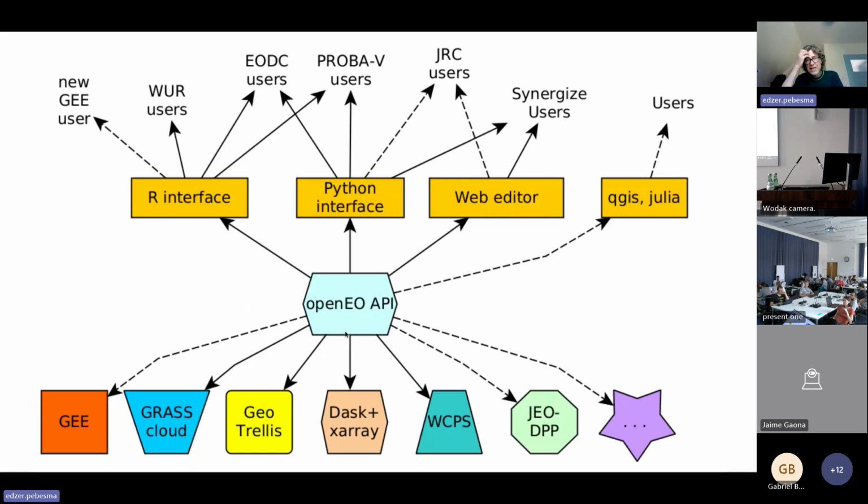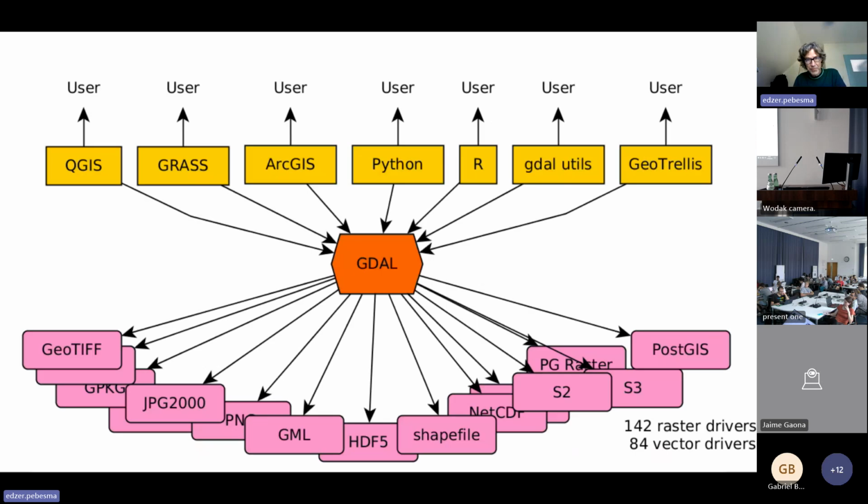And so that is when the idea of an API, an openEO API, came up in 2016. And if you have that, you can basically access all these backends in the same way. You only have to write client interfaces once for every programming environment, be it R, Python, or web-based environments, or Julia, Quantum.js, and so on. Right, and you basically serve all these users at once and are able to compare things.